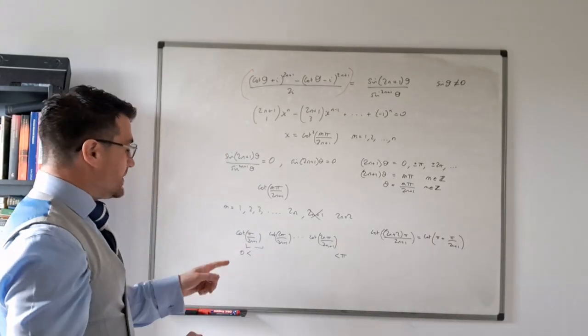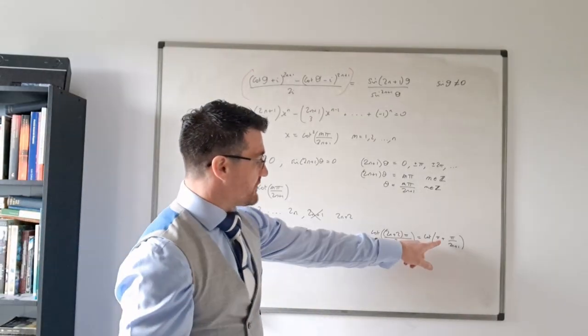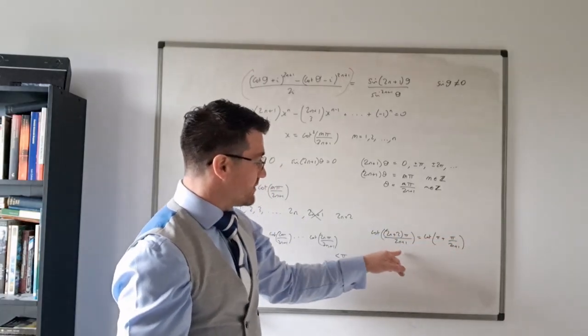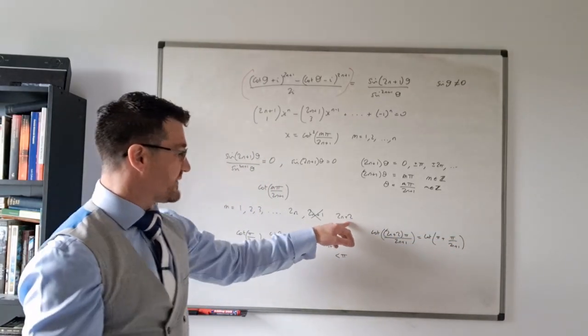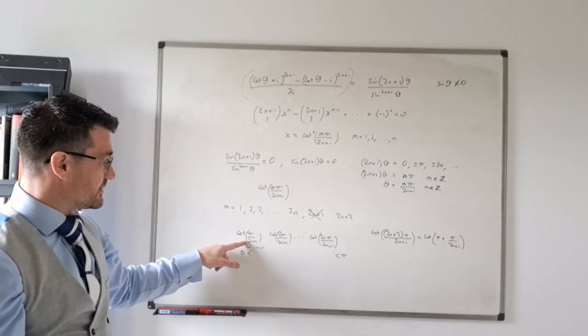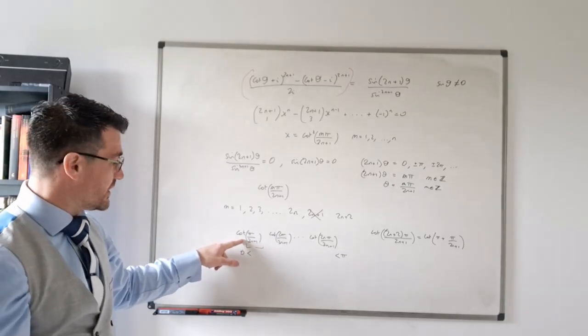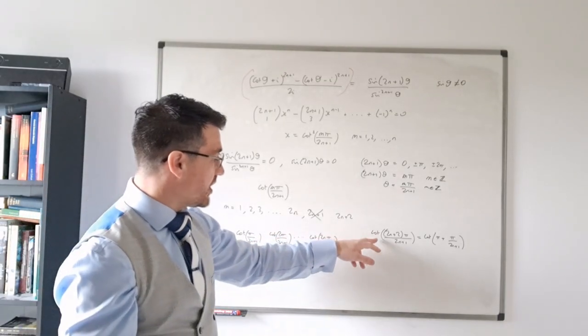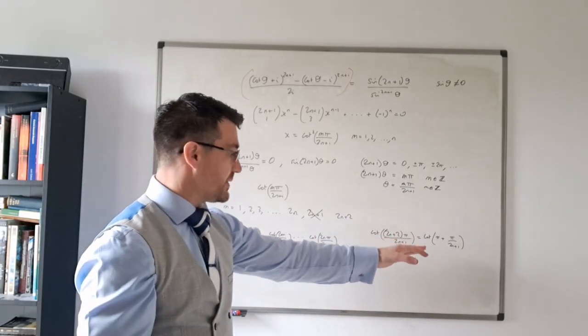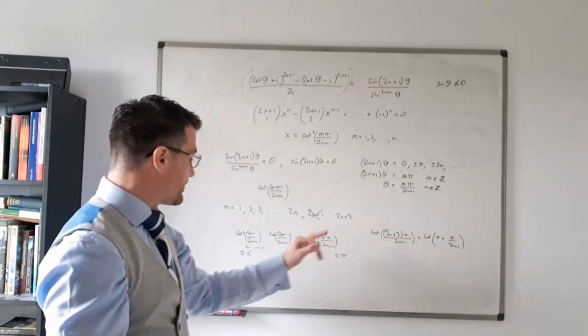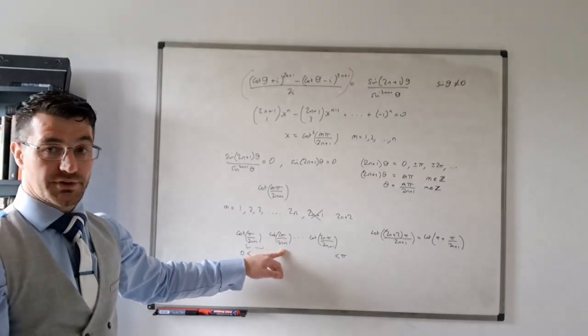Okay? So in other words, cot of pi plus pi over 2n plus 1, which corresponds to this value of m, is equal to this value of cot. Similarly, cot of 2n plus 3 pi over 2n plus 1 would be equal to cot of 2 pi over 2n plus 1.